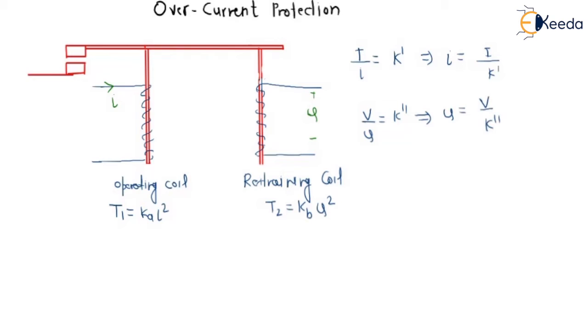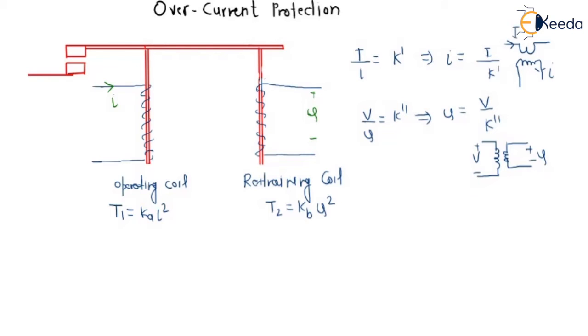Putting this value in the operating coil, you have seen this example when we discussed the coordination diagram. This is the configuration for the potential transformer in the relay: this is plus, this is minus, this is capital V, this is small v, this is capital I, this is small i.